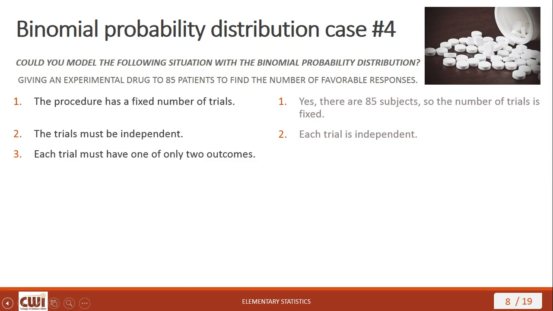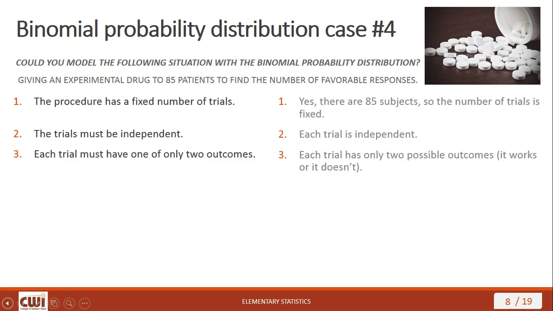Does each trial have only one of 2 outcomes? Yes, in this instance we see that each trial has only 2 possible outcomes and you're going to get one of them. Either the drug works and provides a favorable response or it doesn't. It's one or the other. Again, there's no fence sitting here.